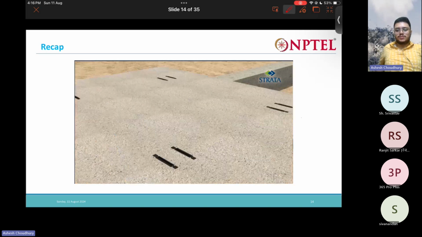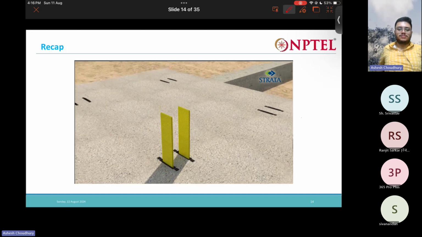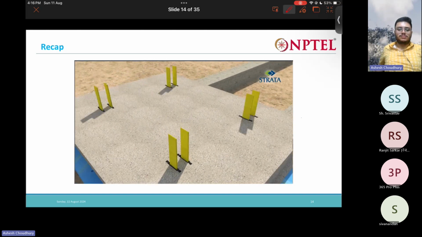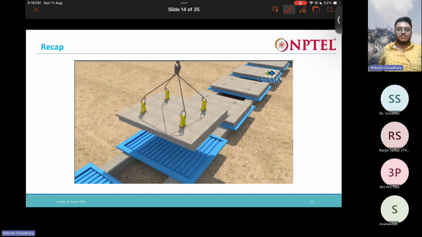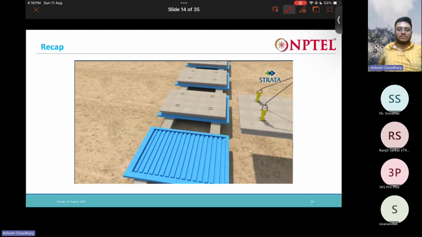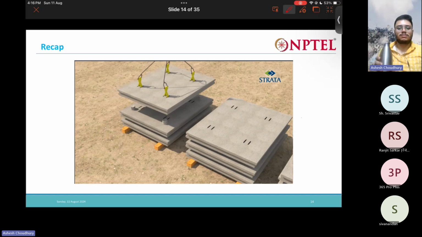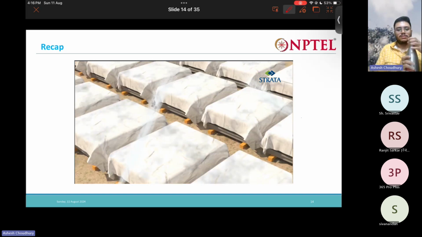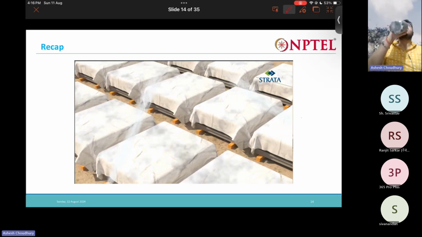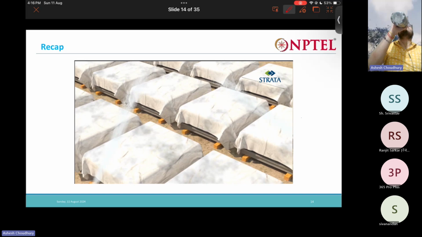Lifting straps are placed through the SC connector cavity and are lifted with an overhead crane or a low-capacity tire-mounted mobile crane and carried to the area designated for curing. The panels are then covered and sprayed regularly with water or through steam curing.